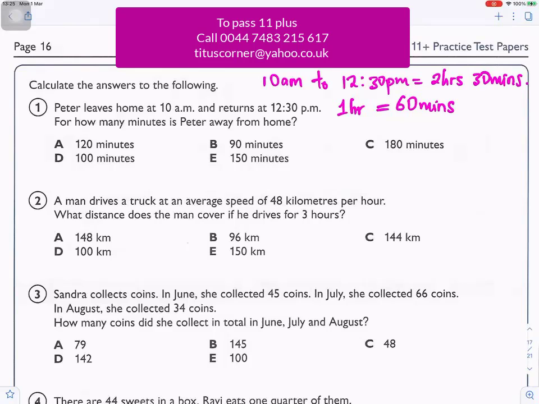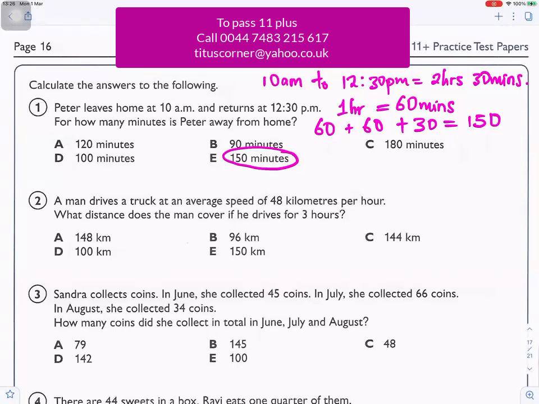So we have 60 minutes plus 30 minutes plus 60 minutes. So we add 60 minutes for 1 hour plus 60 minutes for another 1 hour plus 30 minutes. That gives you 150. So your answer is 150 minutes. And you would mark it on the answer sheet.